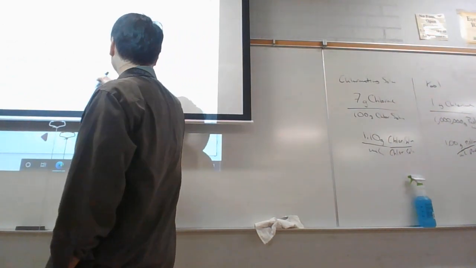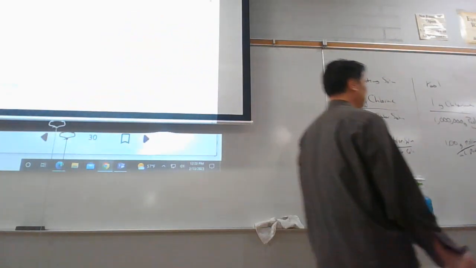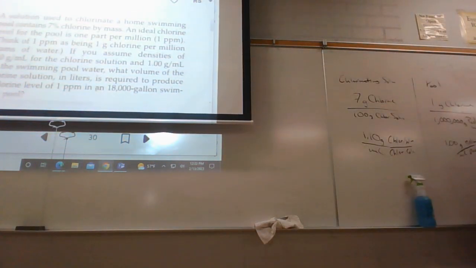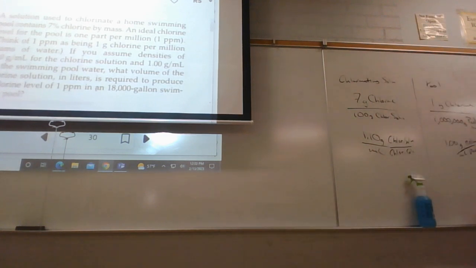Okay, then we have an 18,000 gallon swimming pool. So what we try to do sometimes is we try to visualize what's happening here. And so I have an 18,000 gallon swimming pool.